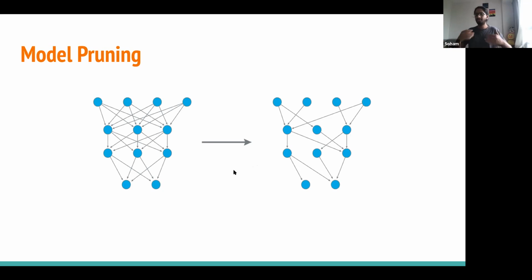The concept of pruning is really simple. If you have a neural network that looks like this, with lots of connections in between, that means we have to store a lot of weights, one for each connection. If you have a network with, say, 500 neurons and 20 neurons, that's already 10,000 weights that you have to store, as well as 10,000 MAC operations to calculate.